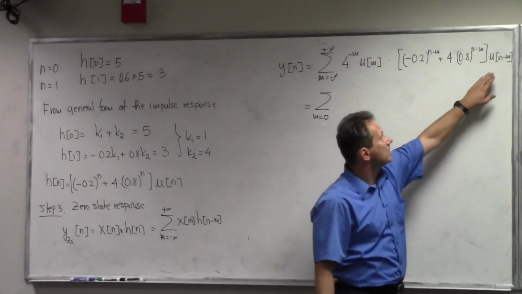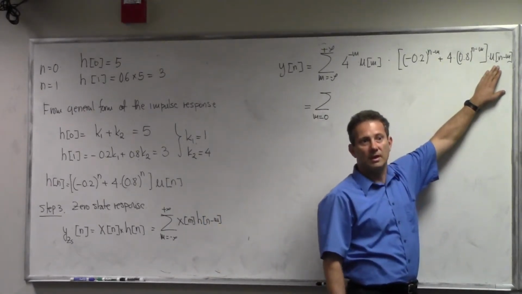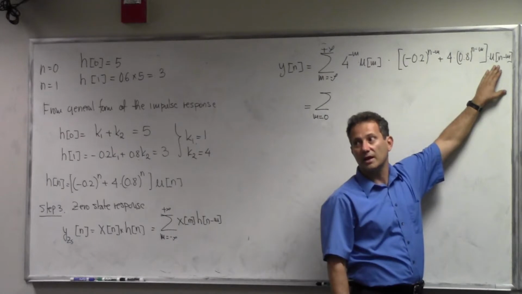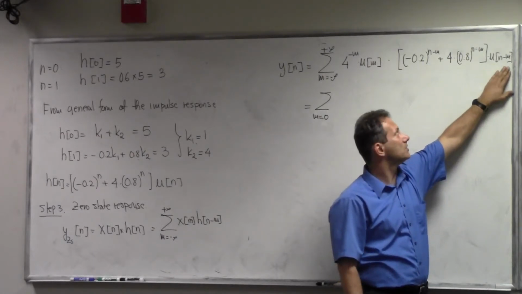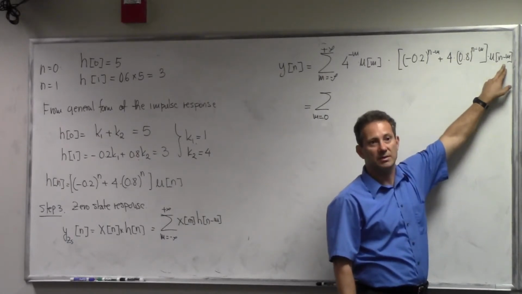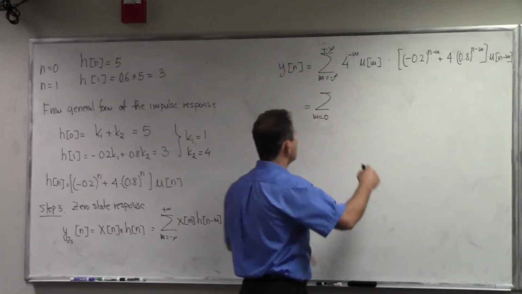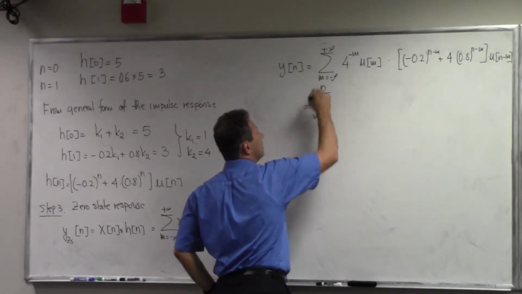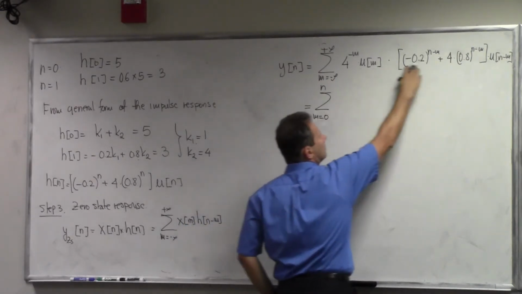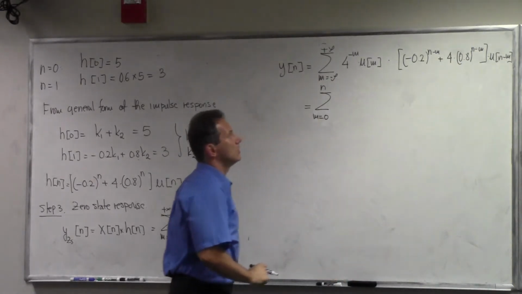Now what does this one say? You don't sum anything where m is larger than n. Why? When m is larger than n, then n minus m becomes negative, and u of a negative number becomes 0. So I'm summing m equals 0 to n, and then I can get rid of these u's, because I already took care of them.